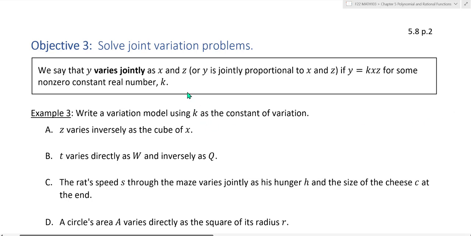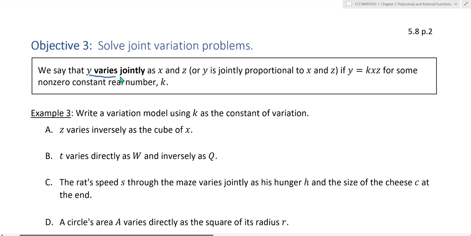So there's another type, at least another type that has a name, and it's called joint variation. So joint variation is kind of another way of saying direct variation, but it's when you have more than one independent variable. So instead of x, there's multiple variables over there on the right side of the equal sign.